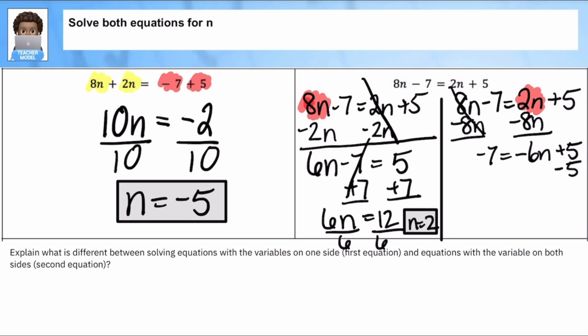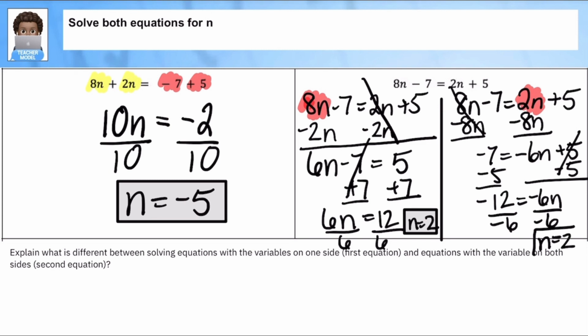And now I'm still going to get rid of the positive 5. So now I have -12 is equal to -6n. And I'm going to divide by -6 on both sides. And lo and behold, you still end up with n is equal to 2.